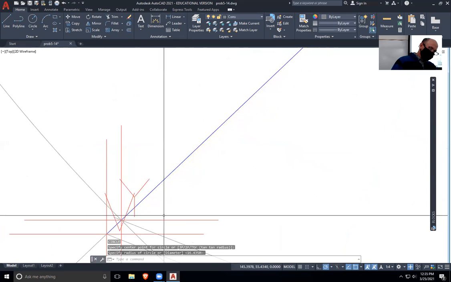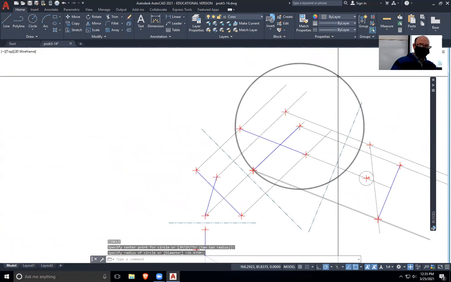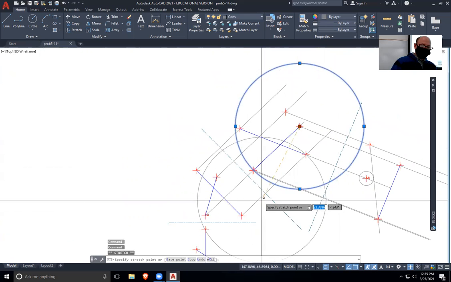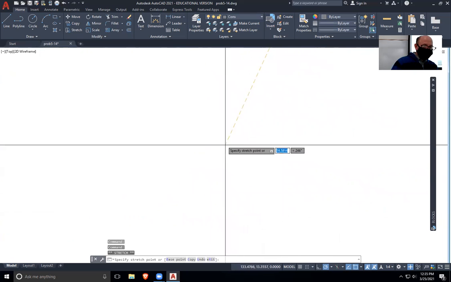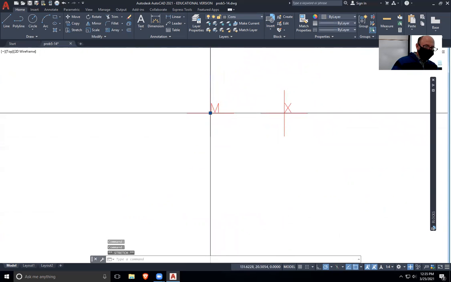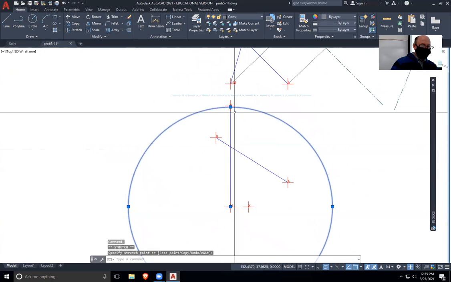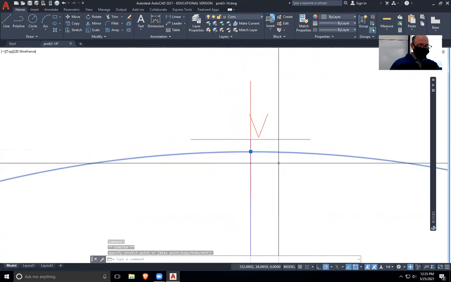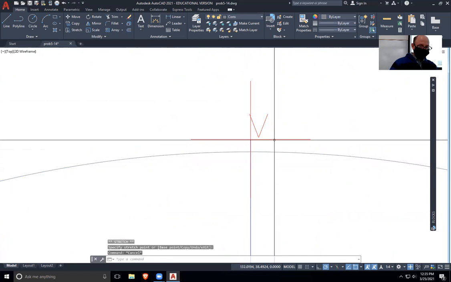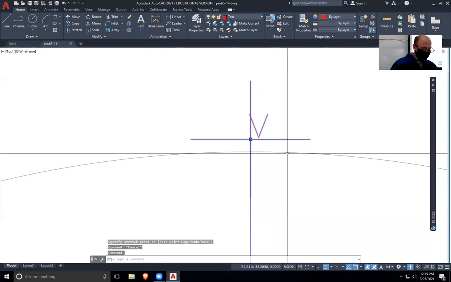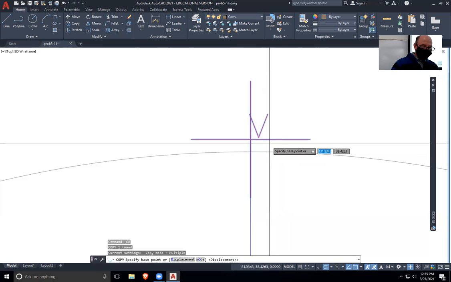I like those circles. So the radius of that circle is the height. So if I just transfer that height to the front view, that is where Y is. So copy that.